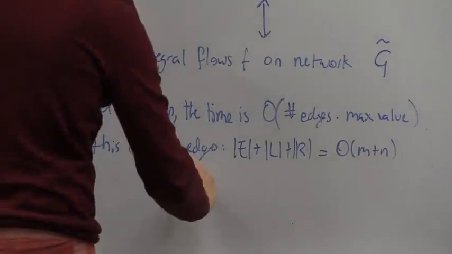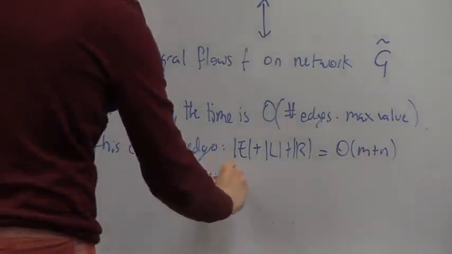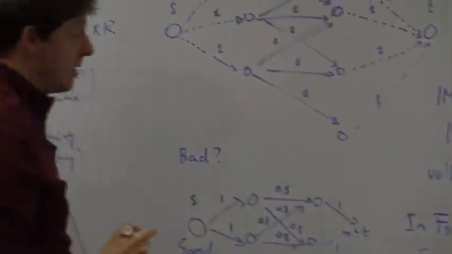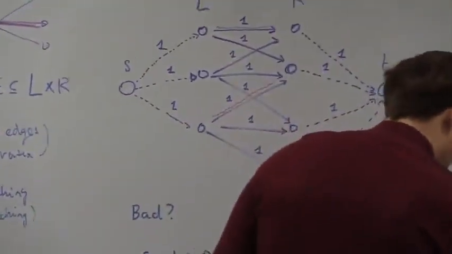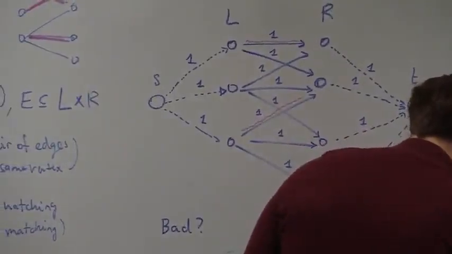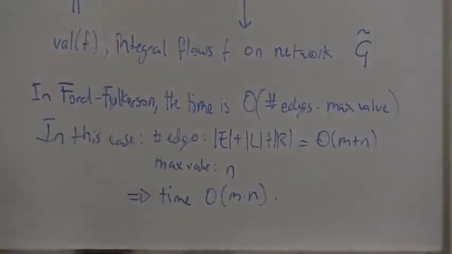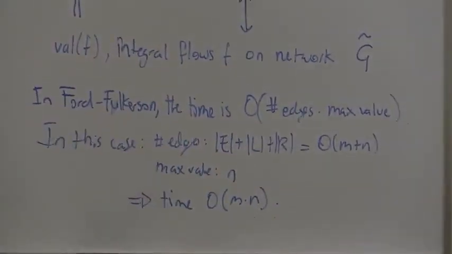And the max value of the flow is certainly no more than this cut, and this cut would be N. So that the running time to solve bipartite matching is M times N. Actually is strictly polynomial time in this particular case.